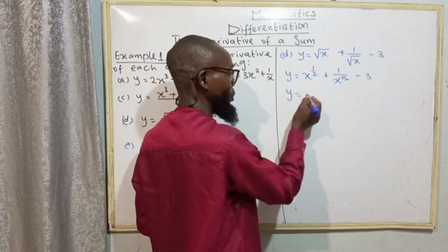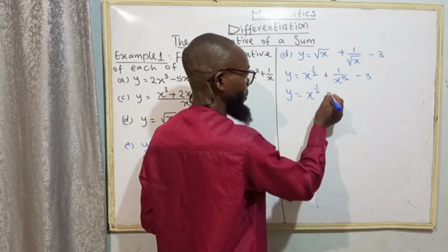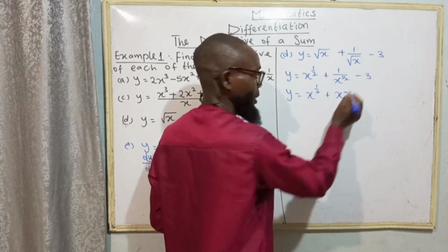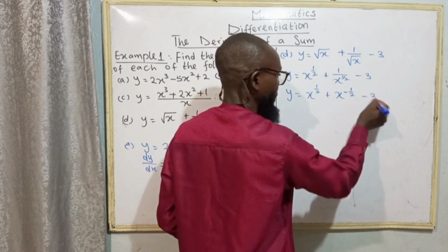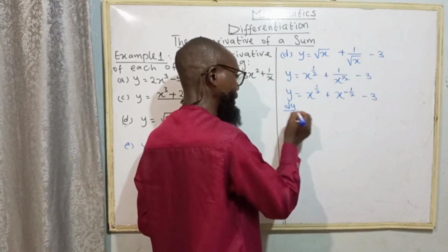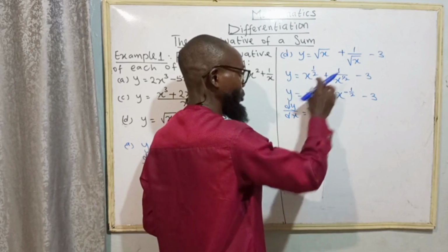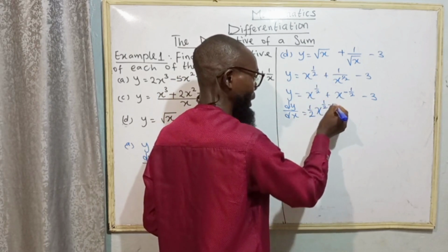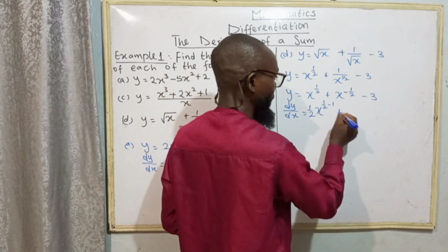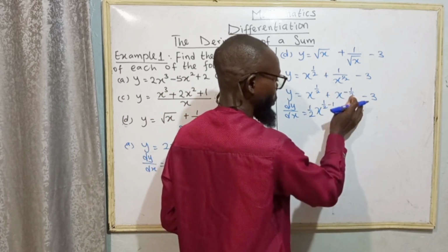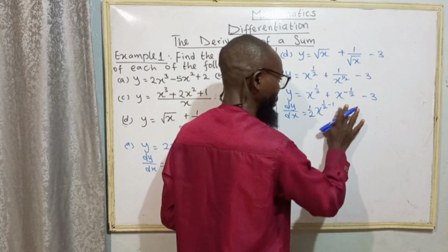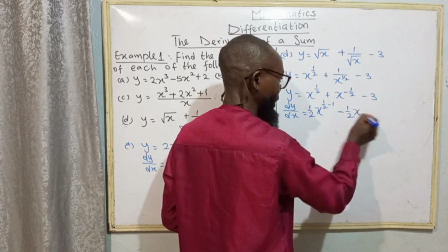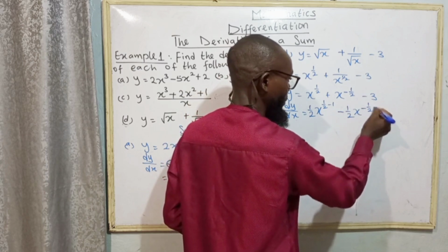Furthermore, y equals x to the power 1 over 2 plus x to the power 1 over 2, we change to minus, then 1 over 2 minus 3. Now dy/dx will equal 1 over 2, we multiply 1, we have 1 over 2, x to the power 1 over 2 minus 1. Then plus x to the power, so minus 1 over 2, we multiply this. We are going to have minus 1 over 2 x to the power minus 1 over 2 minus 1.